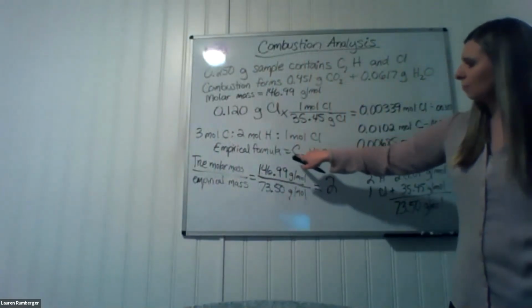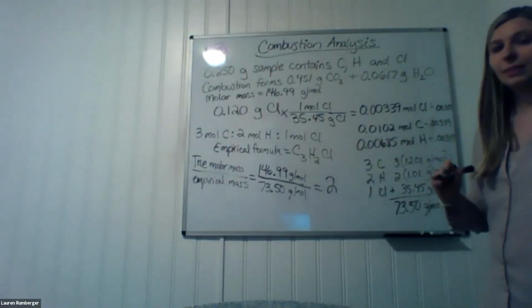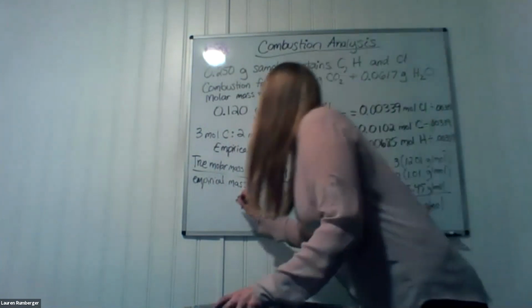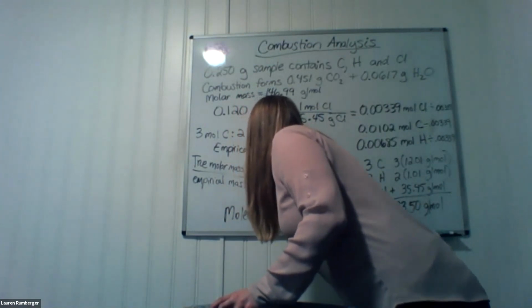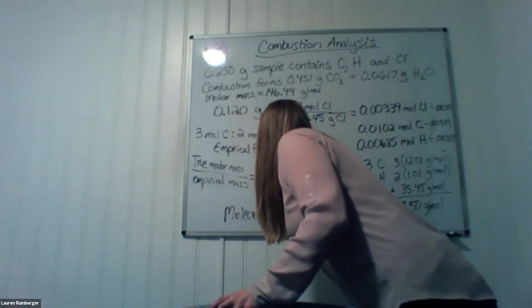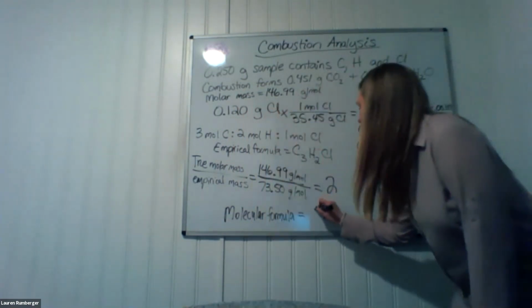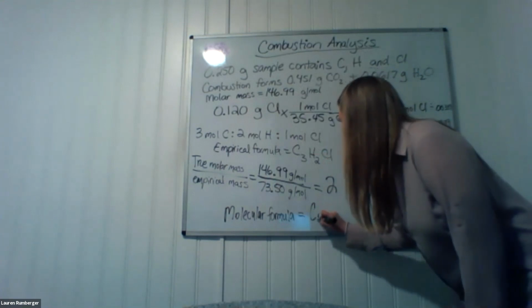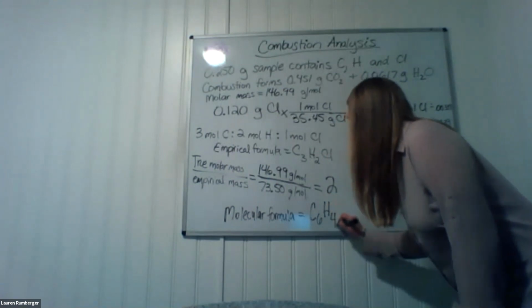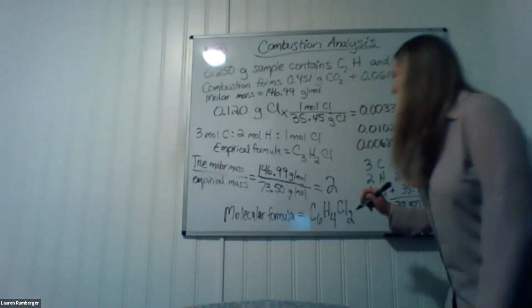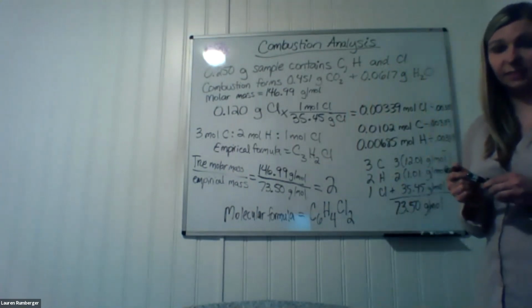Therefore, we multiply the empirical formula by 2, each subscript by 2, to give us our molecular formula. So our molecular formula is equal to C6H4Cl2. And that completes the steps.